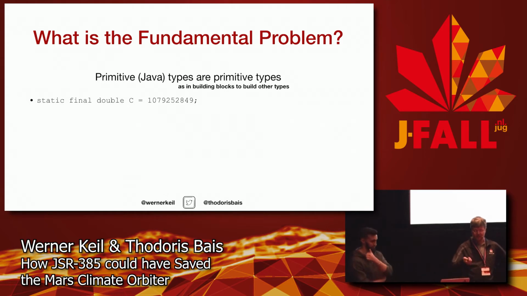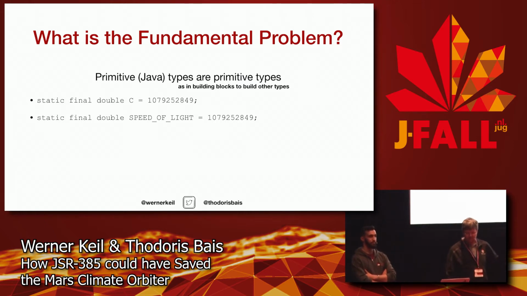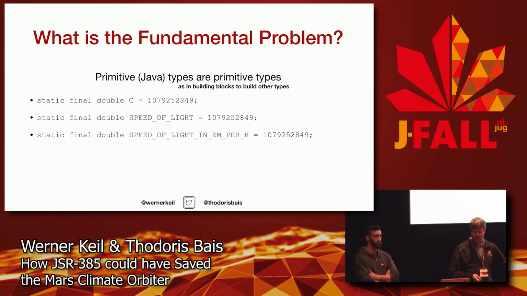So for example, you may have something like this, and it doesn't really say what unit it is, or other than the name C, you don't really get much semantic out of it. If you call it differently, then you may already know a little bit about it. That in this case, it would be the speed of light. If you go even further with the naming convention, then you actually get closer to a meaning.